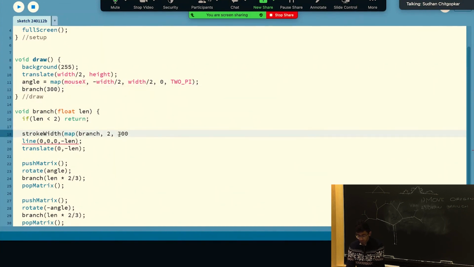So we want to map it from 2 to 300 to a value between 0.5 and 3. We want to map the length, not the branch itself.